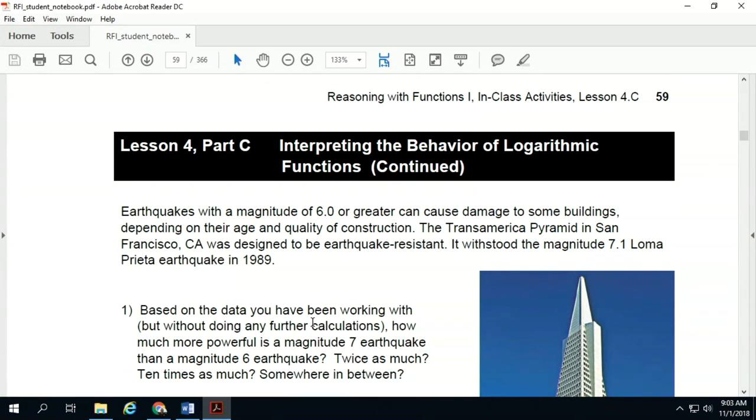The building in the picture, the Transamerica building, which is kind of cool. It was designed to be earthquake resistant. Let's talk about the difference between resistant and proof, like water resistant and waterproof.